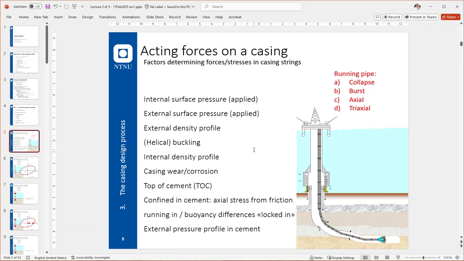What we'll learn is that cement has one consideration as it is wet. It has one consideration as it is about to set up. And the external pressure profile in cement, what we do is consider the pore pressure outside in the formation.